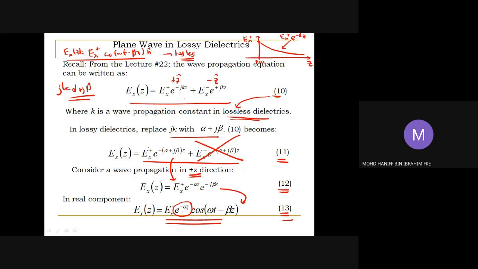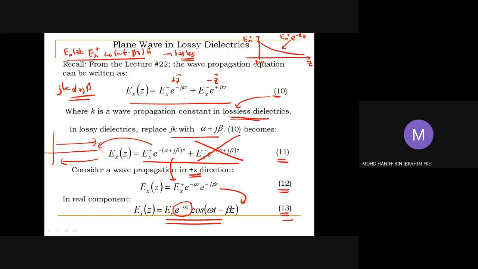But when we go into the practical application of the wave, we can assume the wave is only propagating in a single direction. This is more towards real application, where we assume that the wave is only propagating in one direction instead of two. Instead of a return wave, we assume that the wave is only propagating in the positive z direction. That is our assumption.